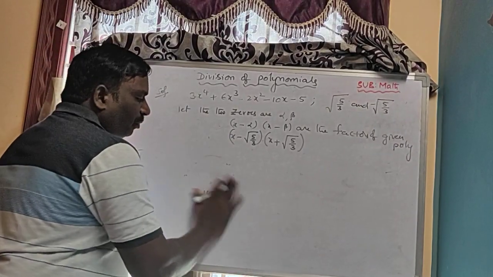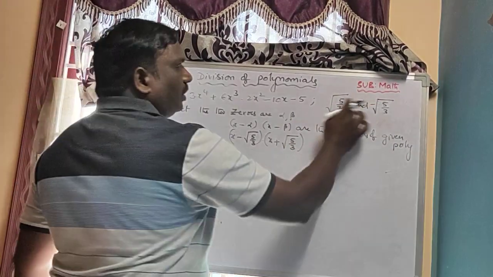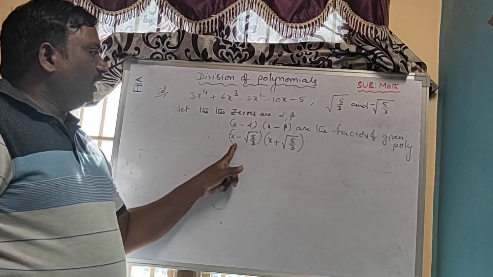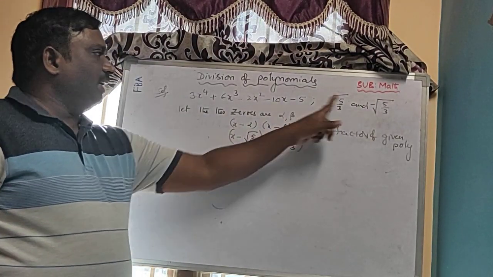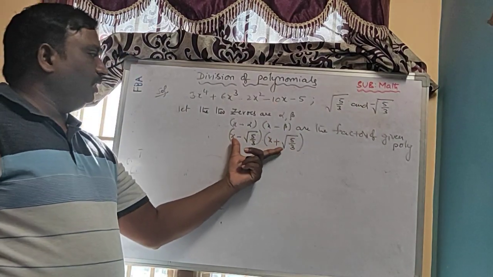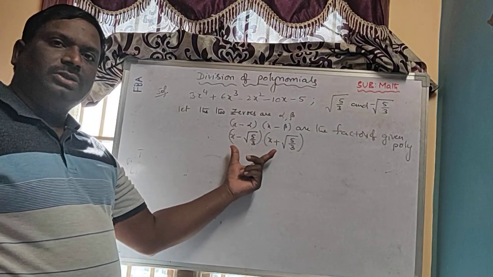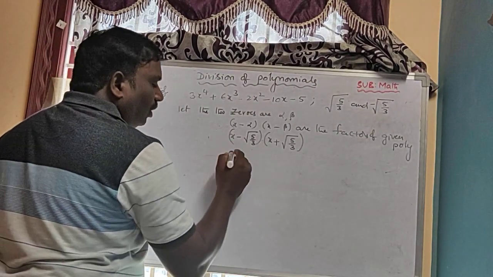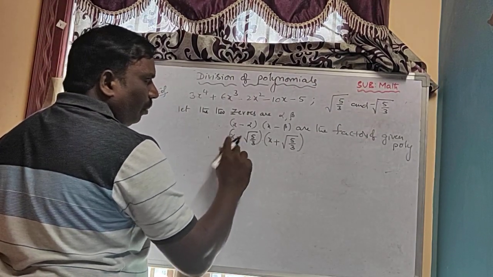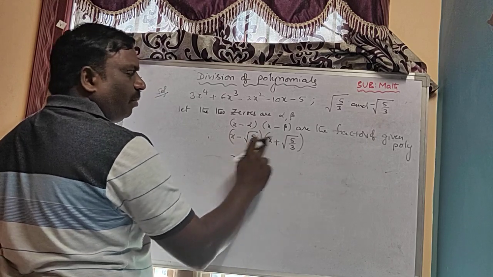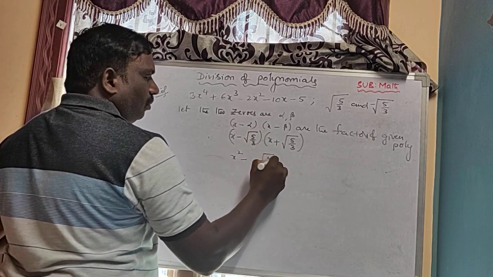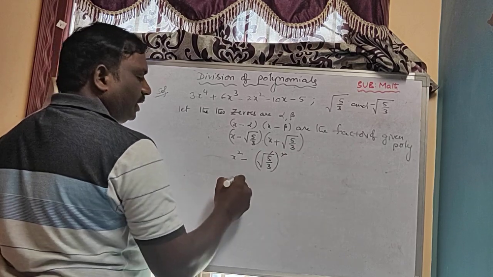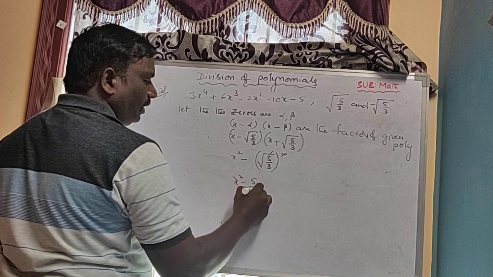Similarly, here these two are the zeros, which means x minus alpha and x minus beta: x minus square root of 5 by 3, and x plus square root of 5 by 3. These two are the factors, so the product of these two is also a factor of the given polynomial. Multiplying them, a minus b into a plus b gives a square minus b square, the square roots cancel, and we get x square minus 5 by 3.